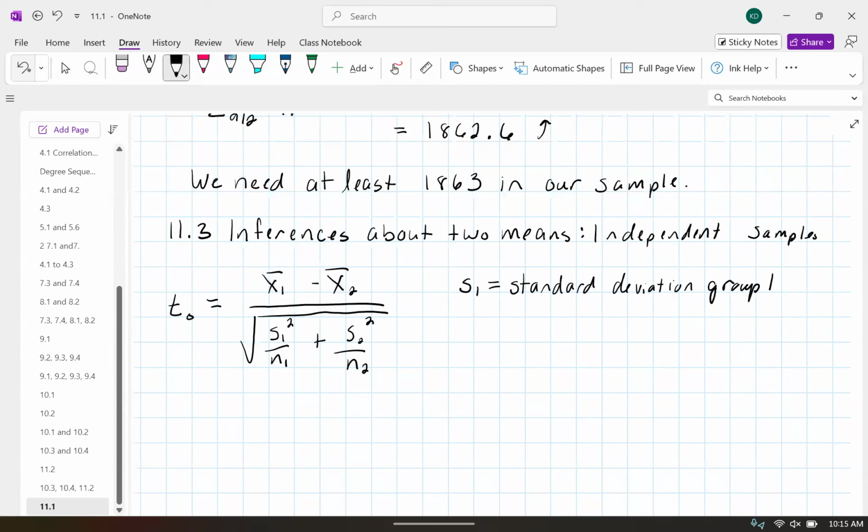Your S is your standard deviation, your X bar is your mean, your N is the number in that sample. So most of those should be pretty familiar.